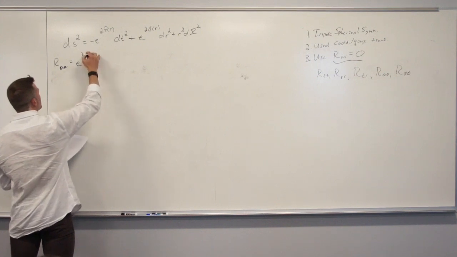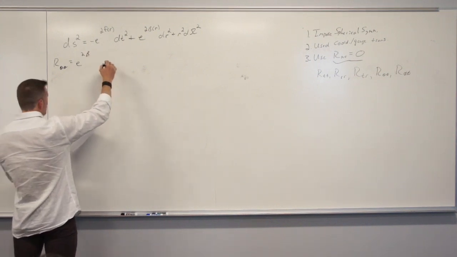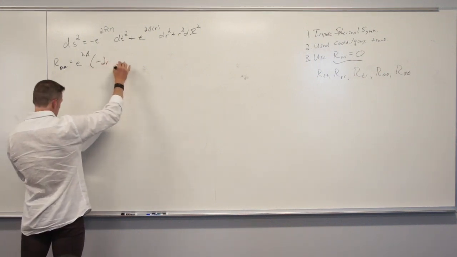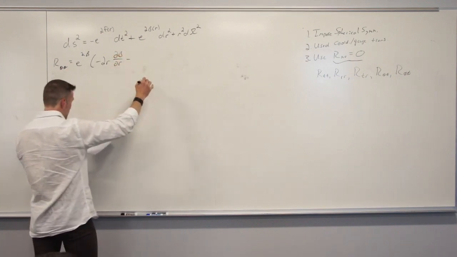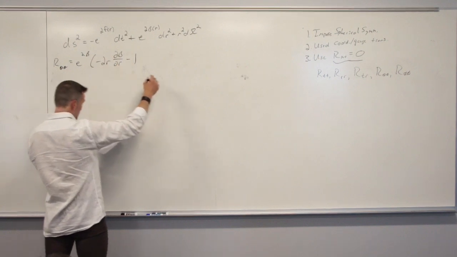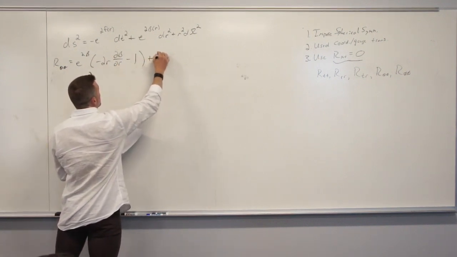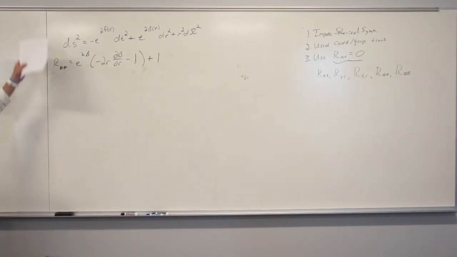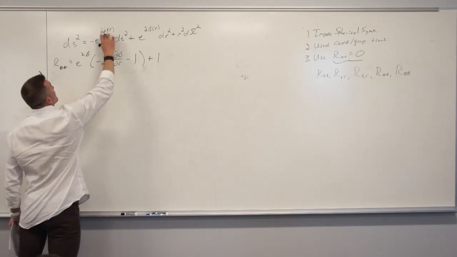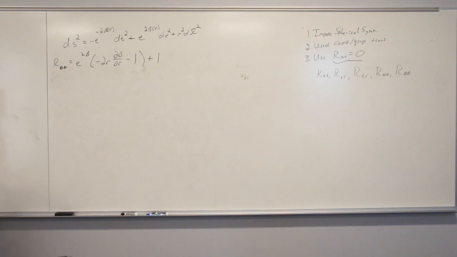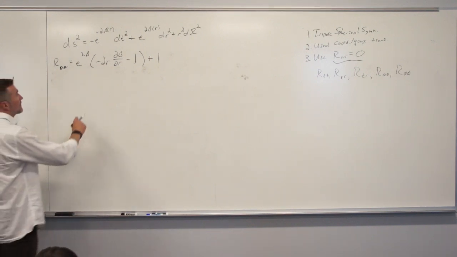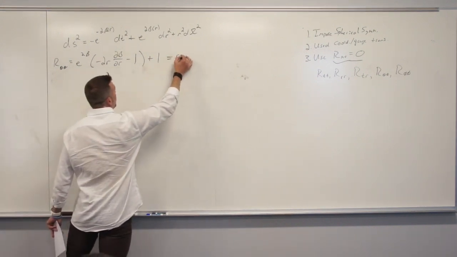My notes are not right, it's beta. I might have f's in some of these places, and I'll try and remember to correct it. So that's the R_θθ term using our new form of the metric. Set that equal to 0.